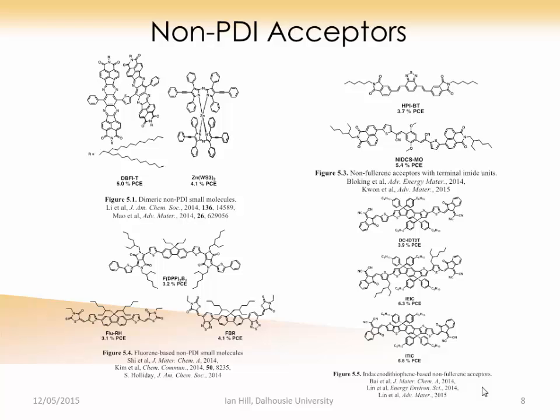And by controlling the positioning of these alkyl chains, you'll see these branched alkyl chains all over the place, and terminal alkyl chains, to control the solubility and also the self-assembly or the crystallization into the thin films. And by modifying these things, and this is not our work, but in the same space that we work in, people are now reaching about 6.8% power conversion efficiency. So to me, this is remarkable. This increase has come in the last year.